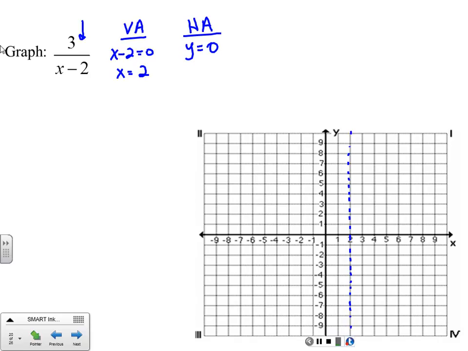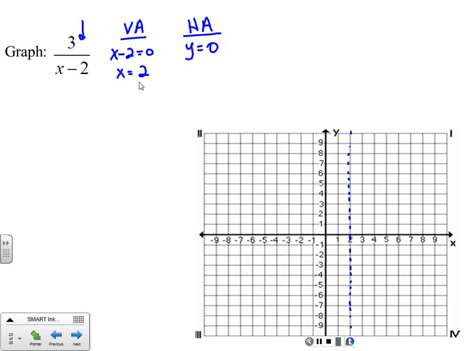So all we've done is shifted this to the right. It's a horizontal shift. It is an H to the right too. And I know that because, look, I told you a long time ago that H always goes with what? H always goes with x. There it is. And you've always got to take the opposite of H, right?